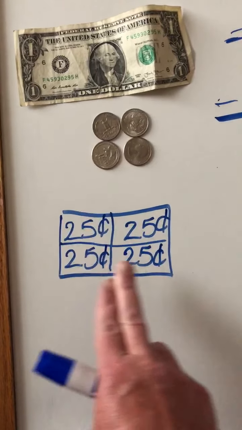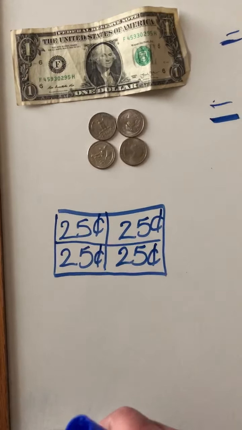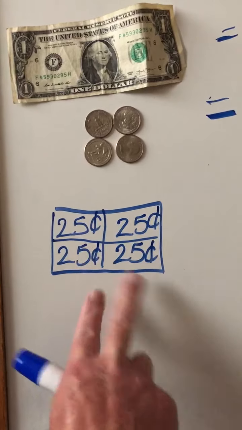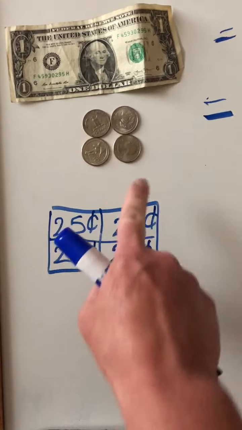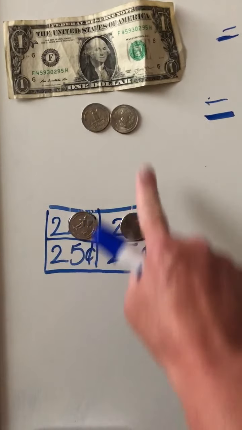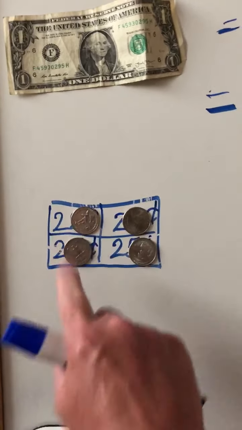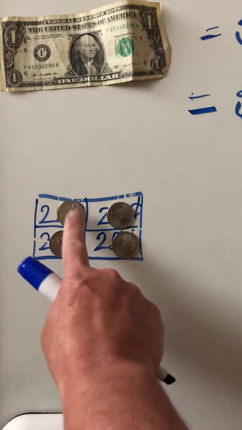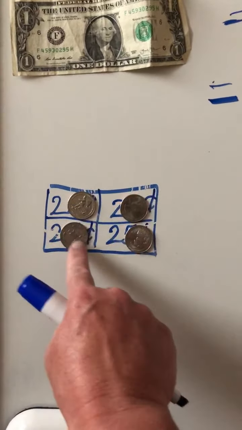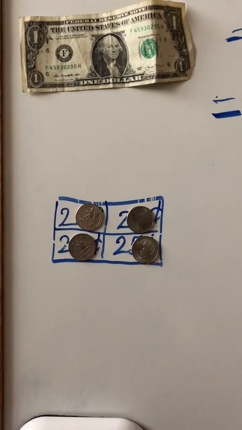So this just helps us to visualize what is going on here. Each quarter is worth 25 cents. So each of these makes up $1. And that's why we call it a quarter, because it's kind of like a fourth. 1 part out of 4 is 25 cents, okay?